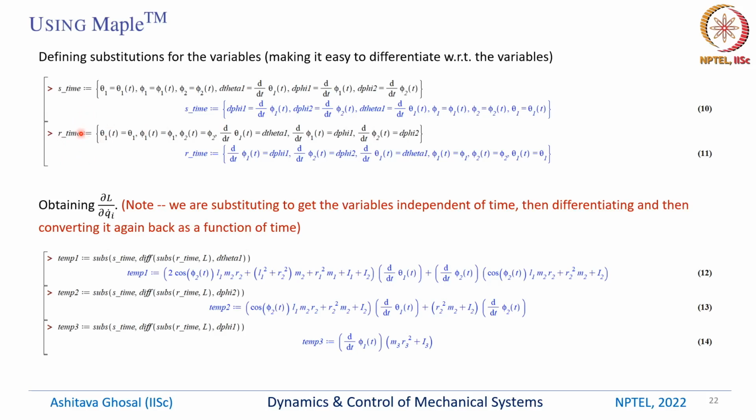And likewise, we have another variable r time, which is again as used in the case of the planar 2R. We find it is useful to introduce these two variables.